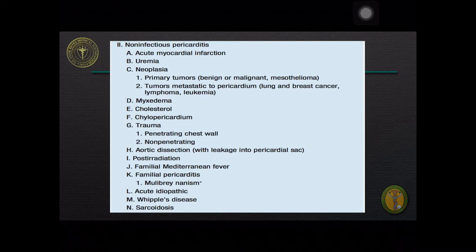Non-infectious pericarditis may be due to acute myocardial infarction, uremia, neoplasia, which includes primary and metastatic tumors to the pericardium, myxedema, elevated cholesterol, chylopericardium, trauma, aortic dissection with leakage into the pericardial sac, post-irradiation, familial Mediterranean fever, familial pericarditis, acute idiopathic pericarditis, Whipple's disease, and sarcoidosis.